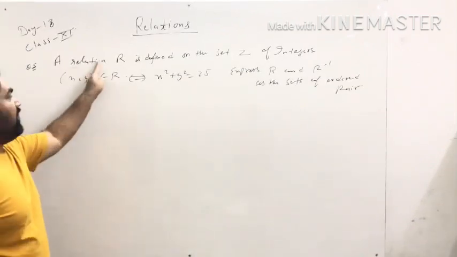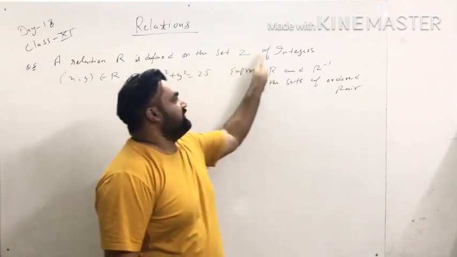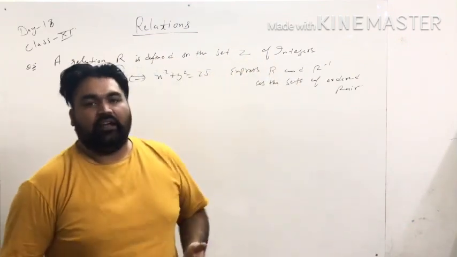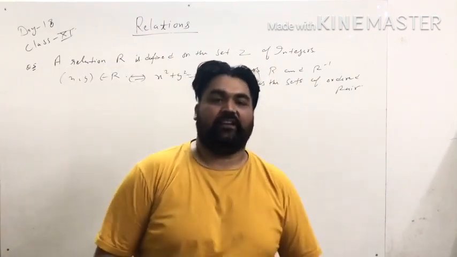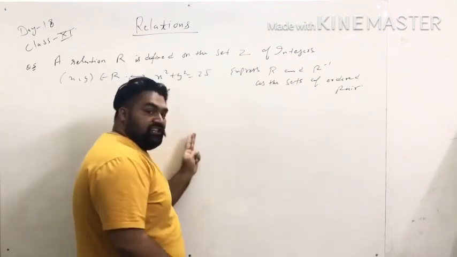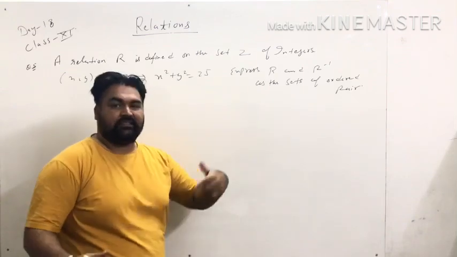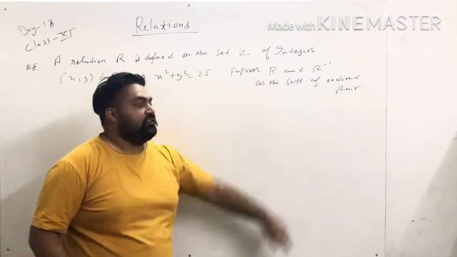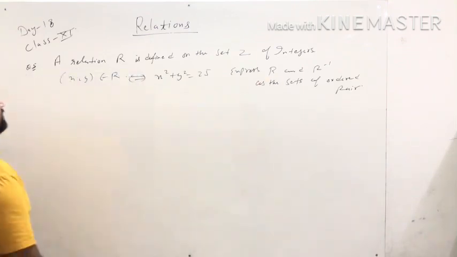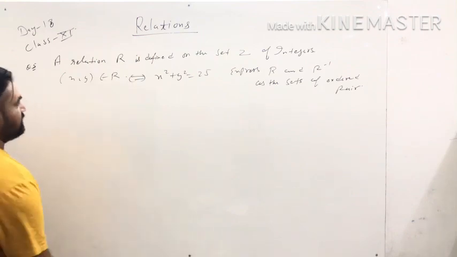A relation R is defined on the set Z of integers. Integers means we can also choose the negative values. So the condition is x square plus y square equals 25. Now we have to express R and R inverse as a set of ordered pairs as we have done in the previous question.